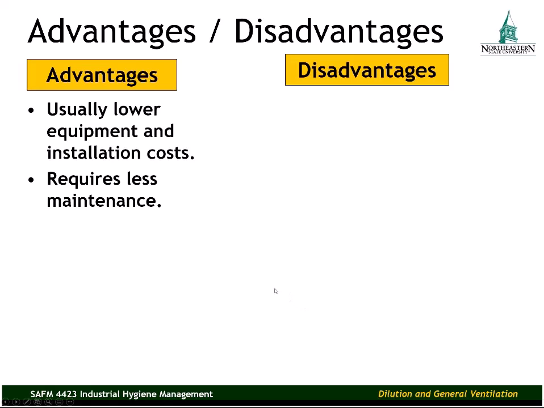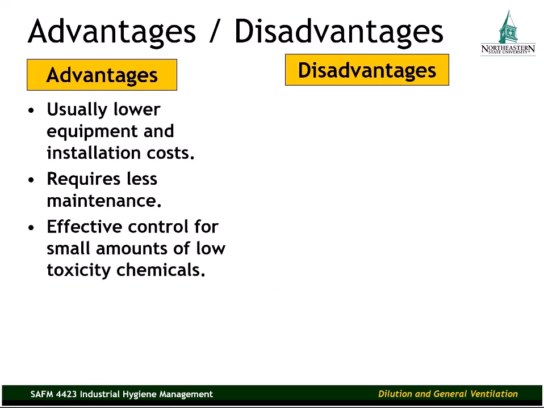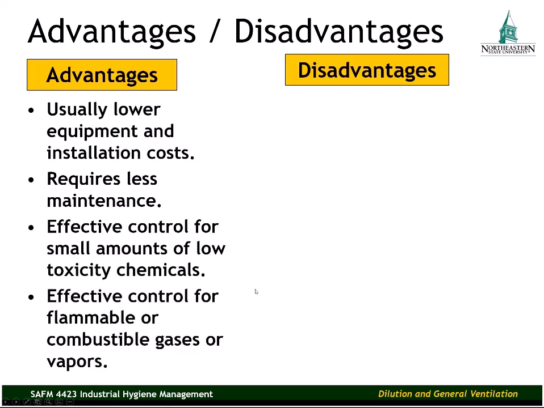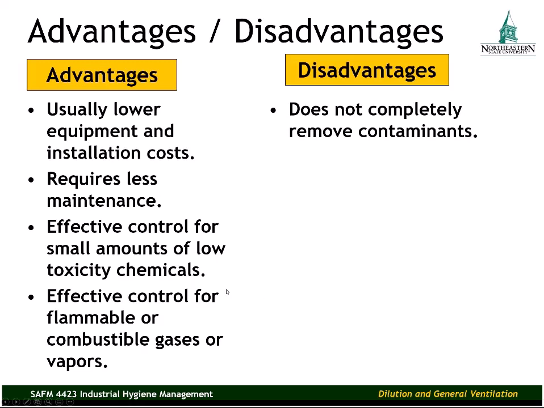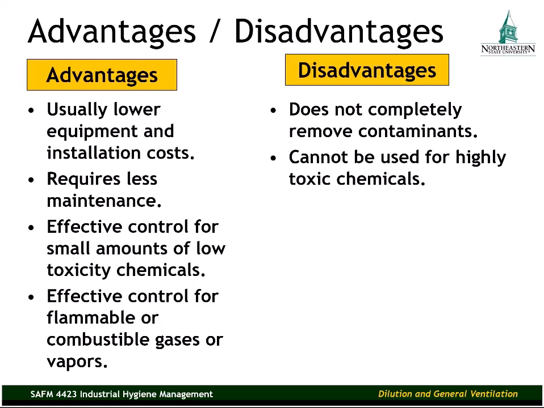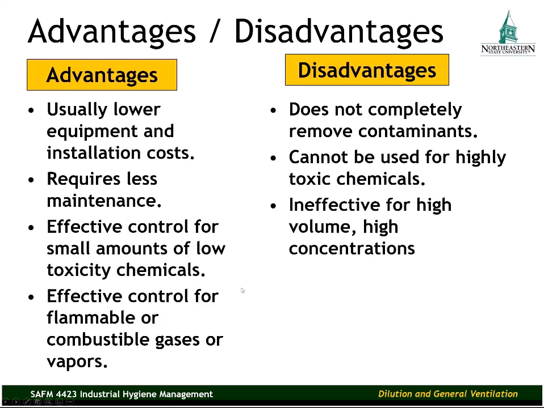It is effective for controlling small amounts of low toxicity chemicals, and it can be effective for controlling flammable or combustible gases or vapors. The disadvantage, it does not completely remove contaminants. It shouldn't be used with highly toxic chemicals, and it shouldn't be used where there's a high concentration of contaminants.